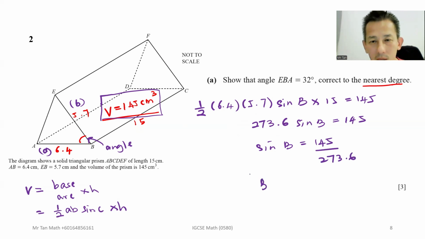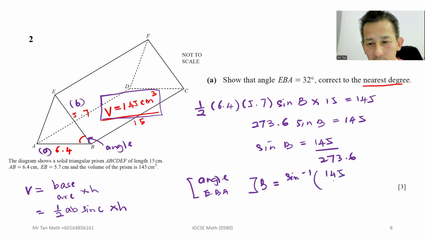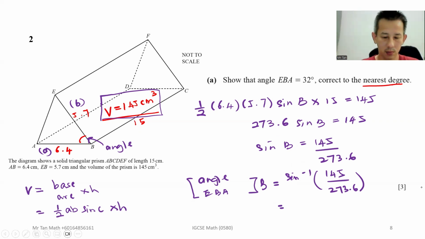Therefore, your B, or this will be the angle EBA, should equal to shift sine of 145 over 273.6. You calculate, you should get 32 degrees.